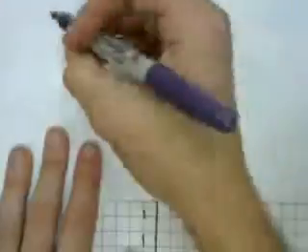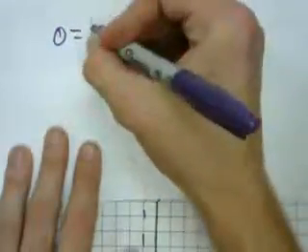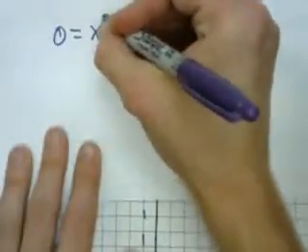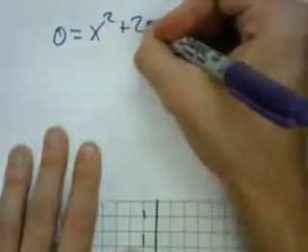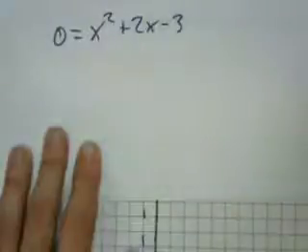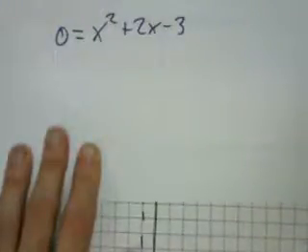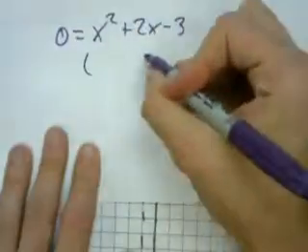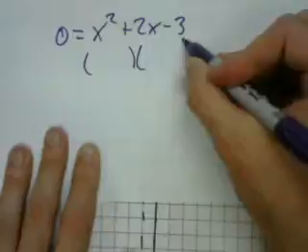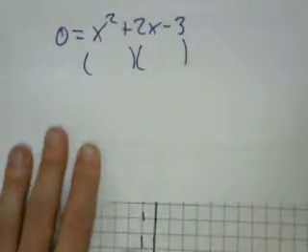Now for our x-intercepts, we're going to plug in 0 for y, or f of x, and solve. So we're going to have to solve x squared plus 2x minus 3. There are 2 ways of doing this: factor, set each factor equal to 0 and solve, or the quadratic formula. I always like to check to see if it factors first, and this one does. But if you get stuck, you have to use the quadratic formula, which at this point should be prerequisite material.